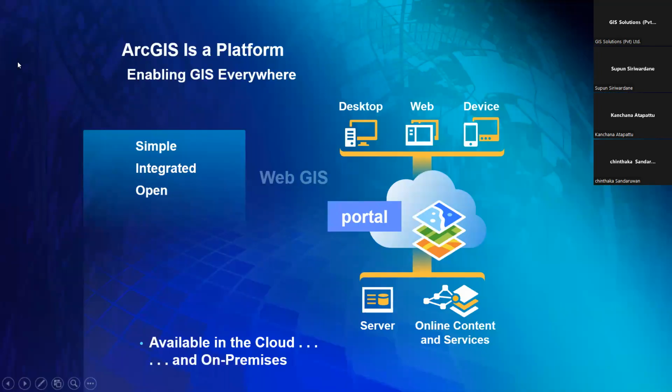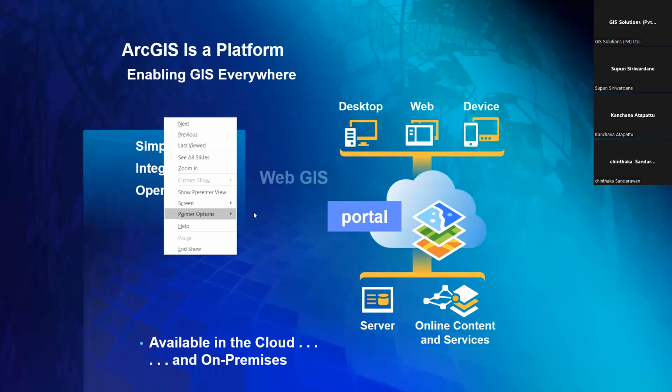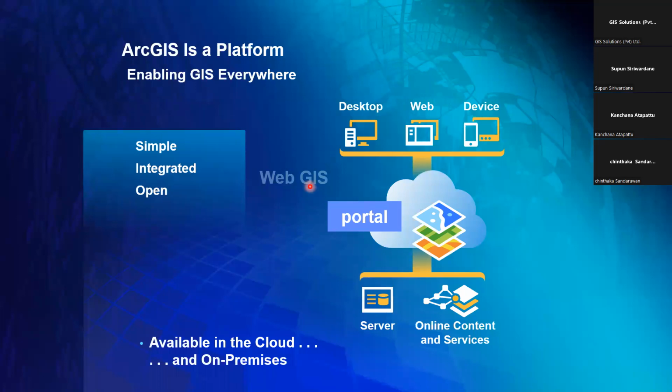So before going into the different tools, first we have to identify the architecture of this particular technology. This is related to geographic information systems, and especially WebGIS technologies, or web-based geographical information systems. In ArcGIS, we have a platform to enable this WebGIS facility. Here there are different components.